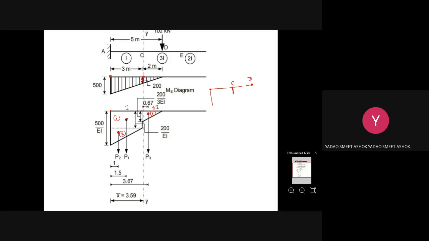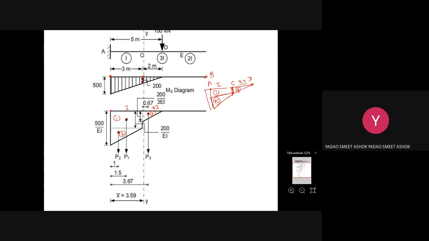This is point C, this is point A. So you'll get the MS diagram like this, and then we have divided it like this. You'll get three sections here: the first rectangle, the second triangle, and the third triangle. From A to C the value is I, and from C to D it is 3I. This is point B. So this is the first section.